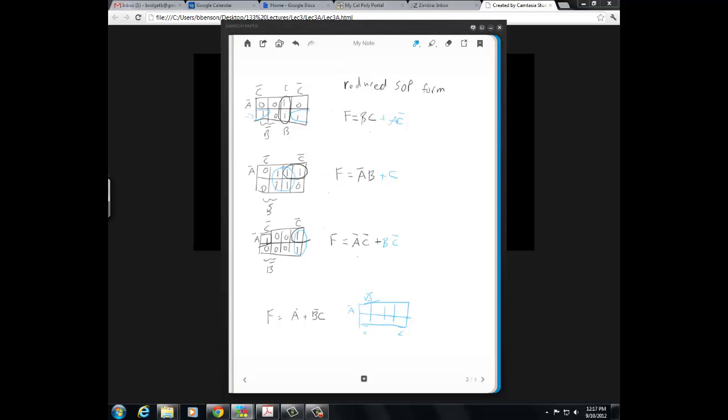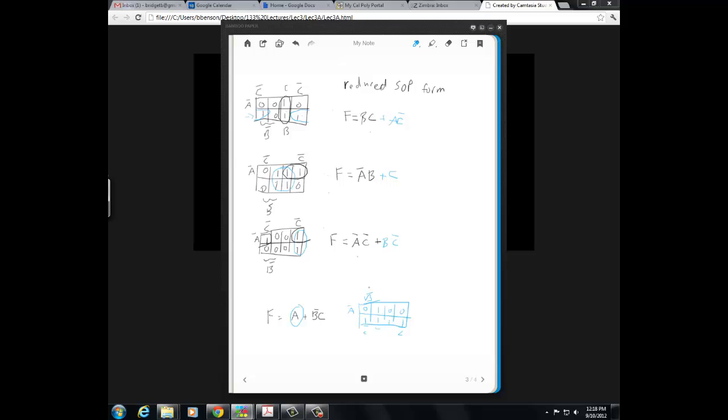We're going to enter 1s for the A. So the A is this row, so we're going to get 1s in this whole row to represent the A. And then our B0, C, this is our B0 area. And our C is going to be these two right here to represent B0, C. And the rest are zeros. So you can go both directions. You can get an equation from a K-map, and you could also put an equation into a K-map.